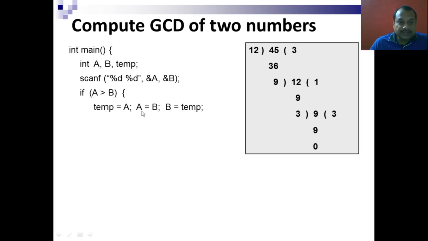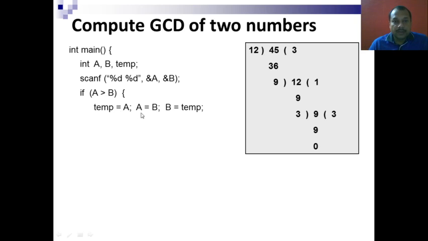Okay. So these three statements are very important. You may see this frequently in other examples also. We will use these three statements specifically where we wish to exchange the content of two numbers. If we wish to exchange, then by incorporating one more temporary variable, I can do that.